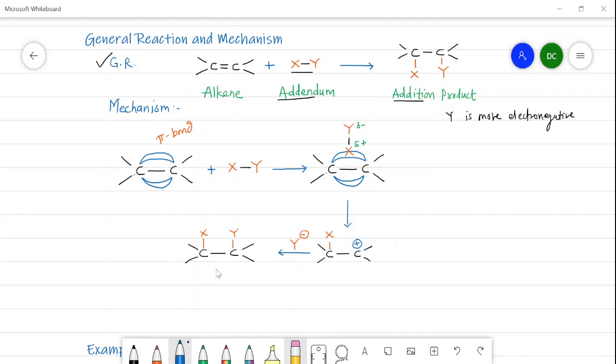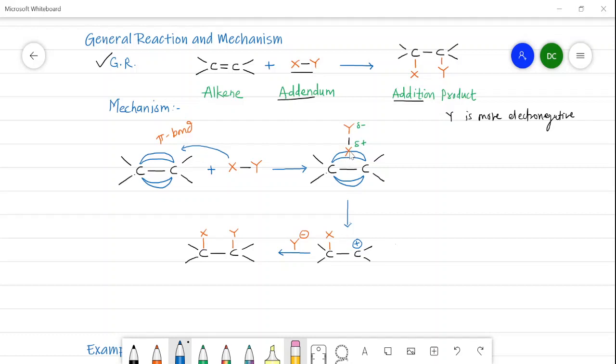Now what happens when this addendum or electrophilic reagent comes in contact with the alkene molecule, then due to the presence of pi electron or a pi bond, this electrophilic reagent undergoes a polarization, and here we get a pi complex due to the polarization.